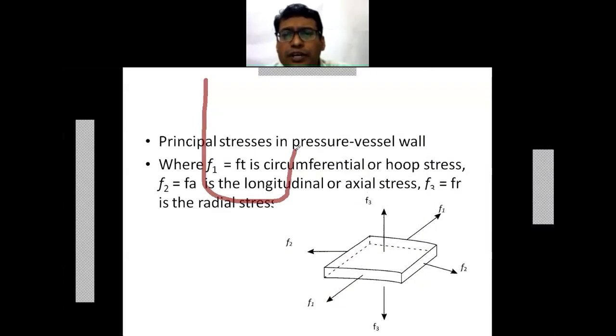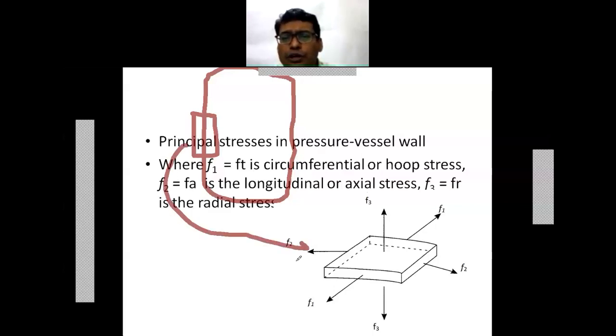From this cylindrical section, I am going to cut a small piece, and this can be shown here with the principal stresses in the pressure vessel. They are to be taken into account.